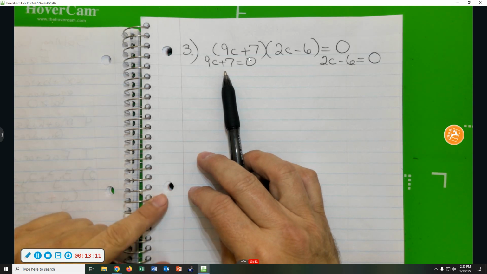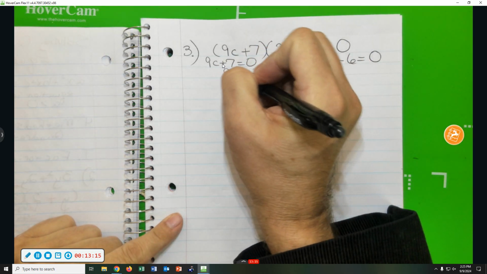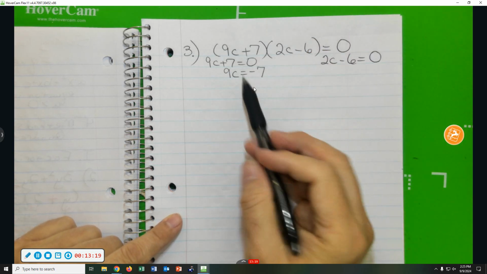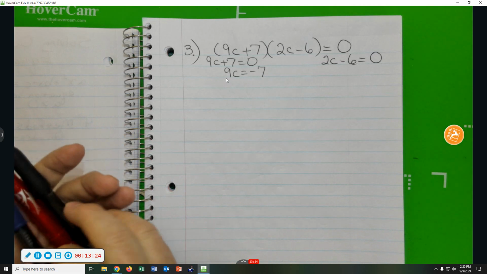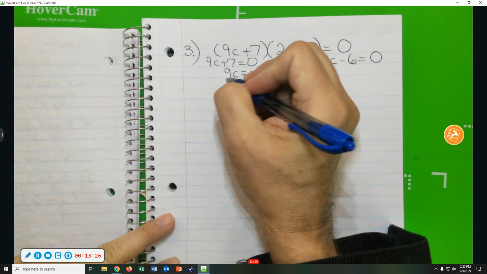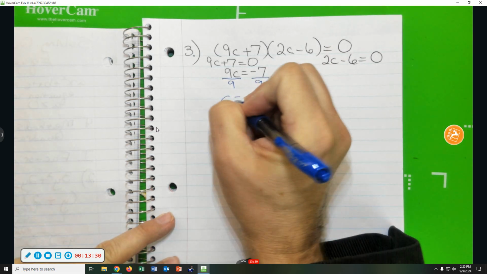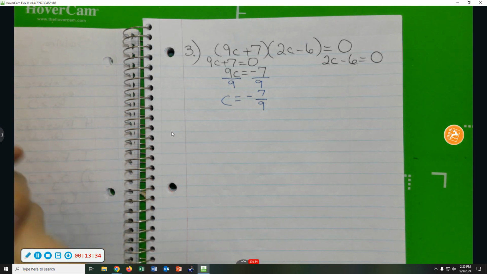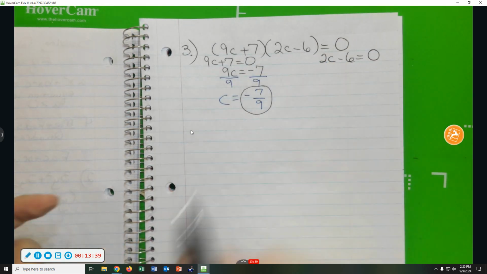Move the 7 over by subtracting, so that'll give us 9c equals -7. And then to undo that multiplication, 9 times c, what am I going to do? Divide by 9 to give us c equals -7/9. There's my first solution, -7/9.